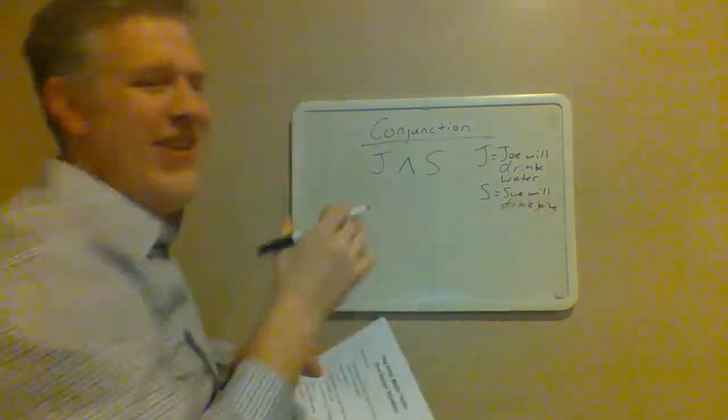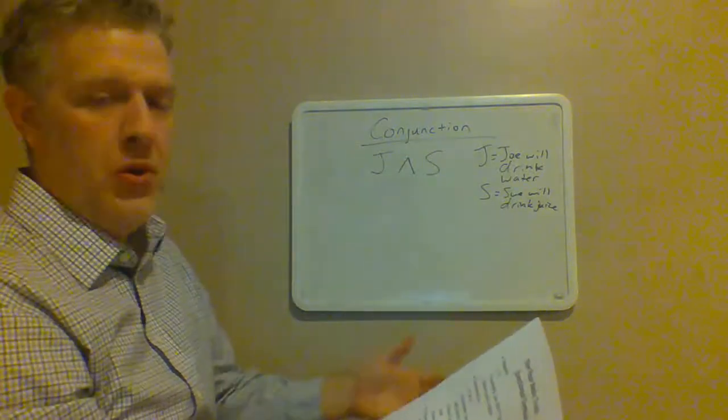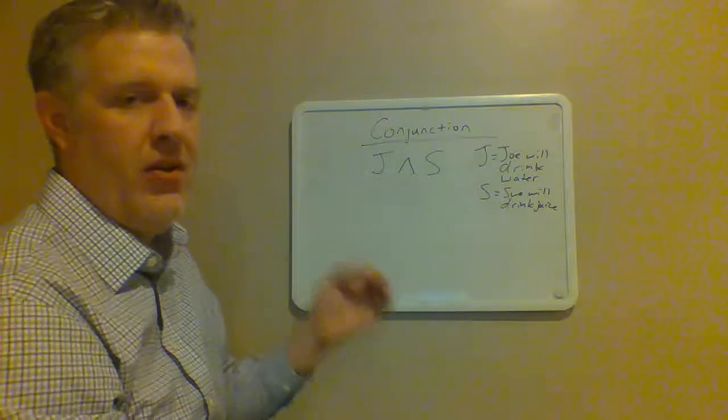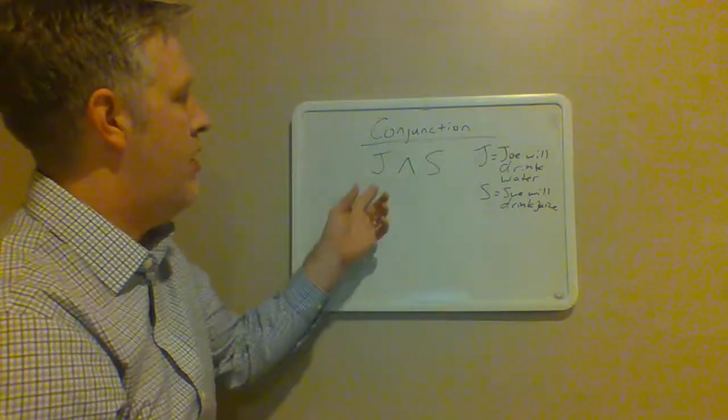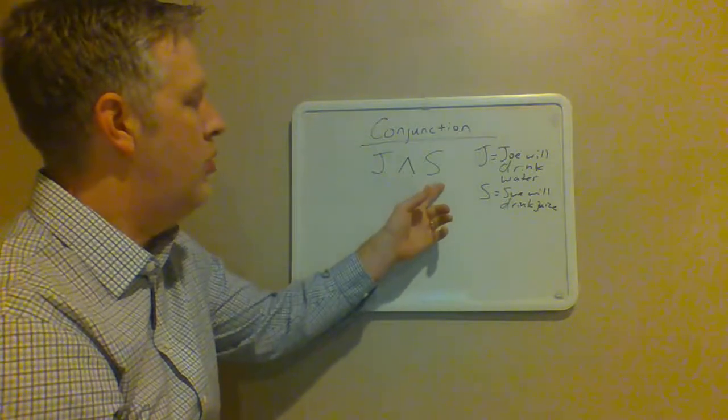Two distinct things are involved in this. So the statement is Joe will drink water and Sue will drink juice. There's two distinct claims involved there. On the one hand, it's being asserted that Joe will drink water and Sue will drink juice.